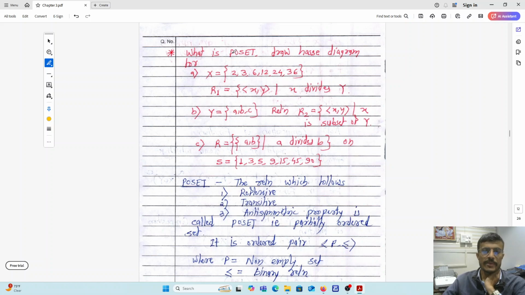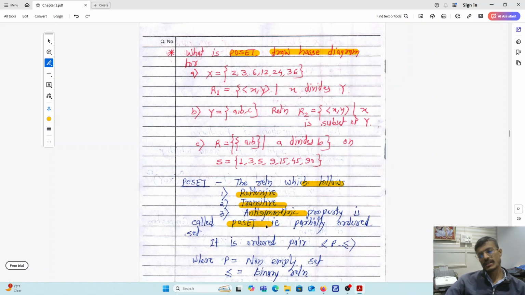Now, what is meant by poset? Poset is nothing but the partially ordered set, and a poset is represented in pictorial or diagrammatical form. It is called a Hasse diagram. So what is meant by poset? A relation which follows the reflexive property, transitive property and antisymmetric property is called a poset, that is, a partially ordered set.